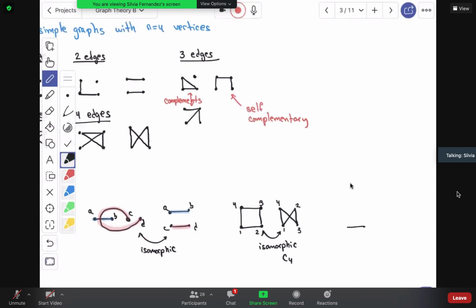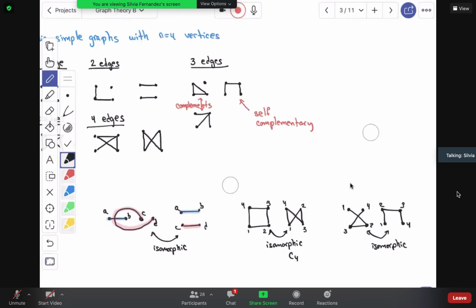This one and this one are isomorphic. I can label them 1, 2, 3, 4. 1, 2, 3, 4. So that one is self-complementary.